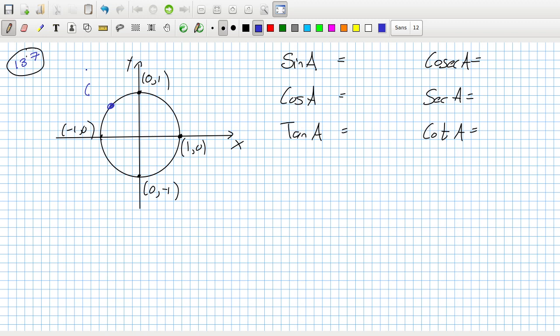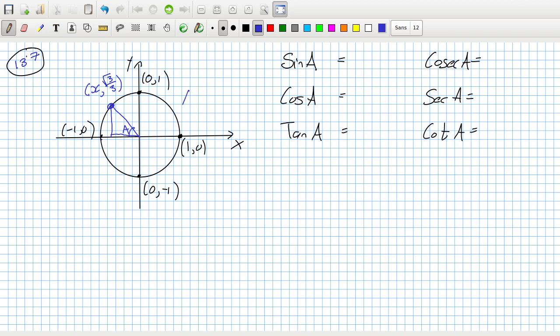Just want to be careful with the signs here. That's X, and then root 7 over 3, where X is negative. So if we draw our triangle here and call that A, but let's just establish the signs first.